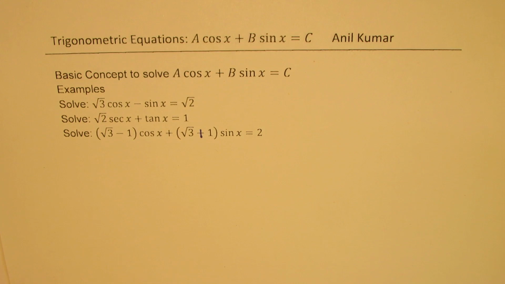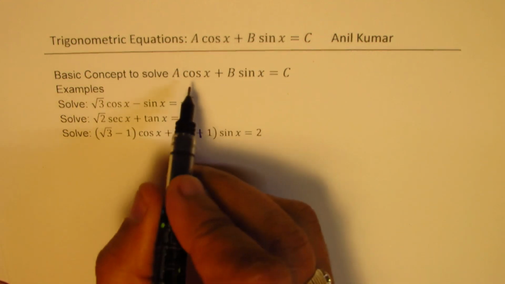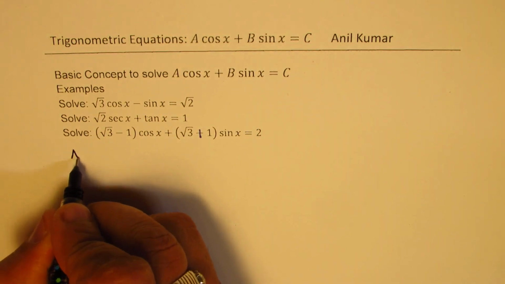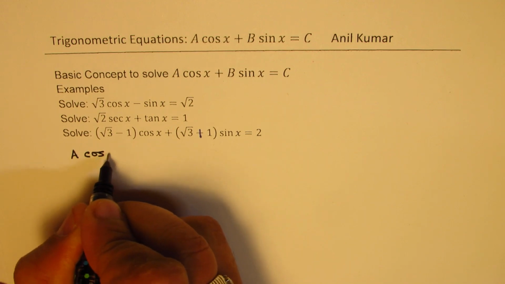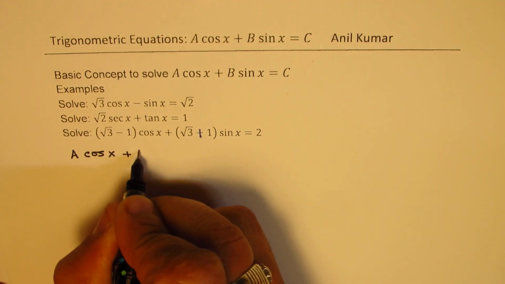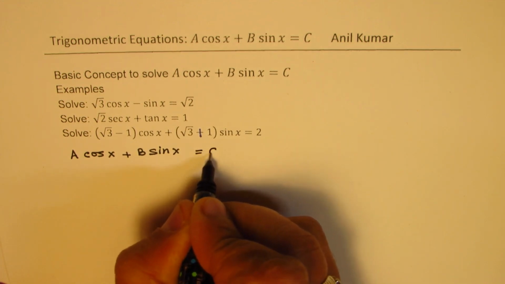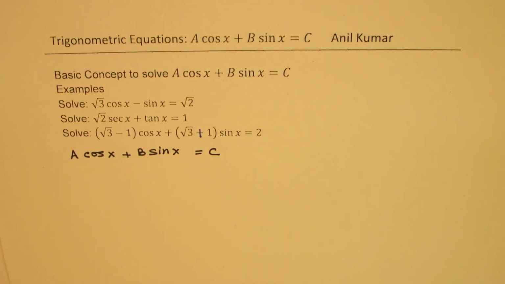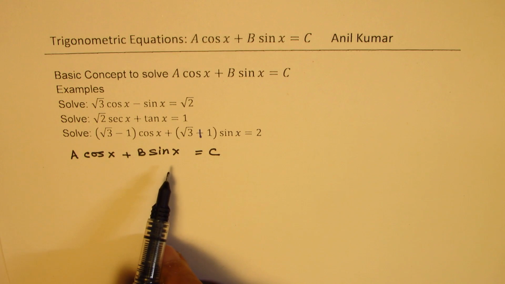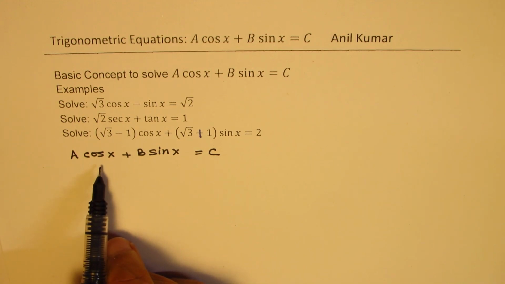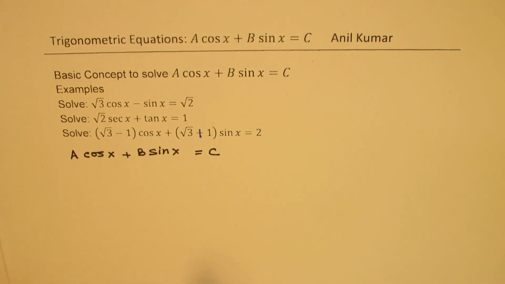So we always start with a cos x plus b sin x equals c. The idea is to write this in terms of either cosine or sine, then it will be easier to solve, right?